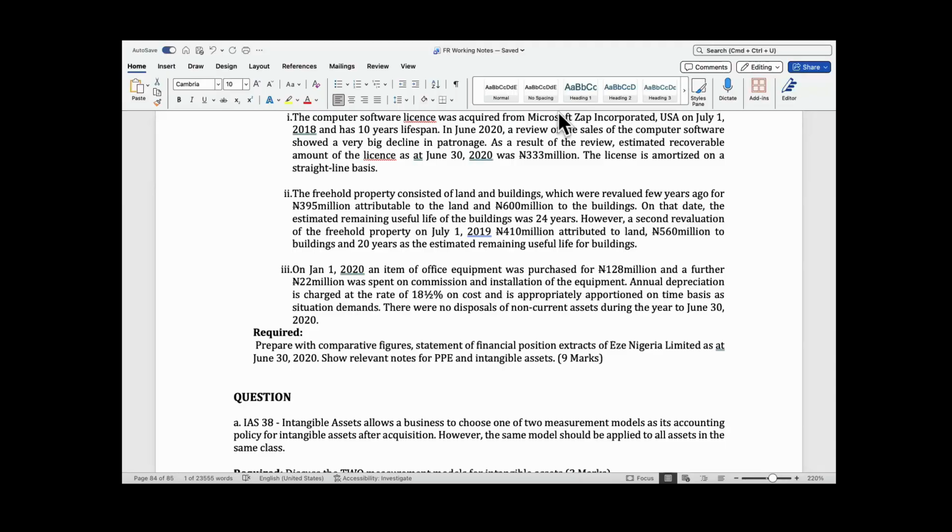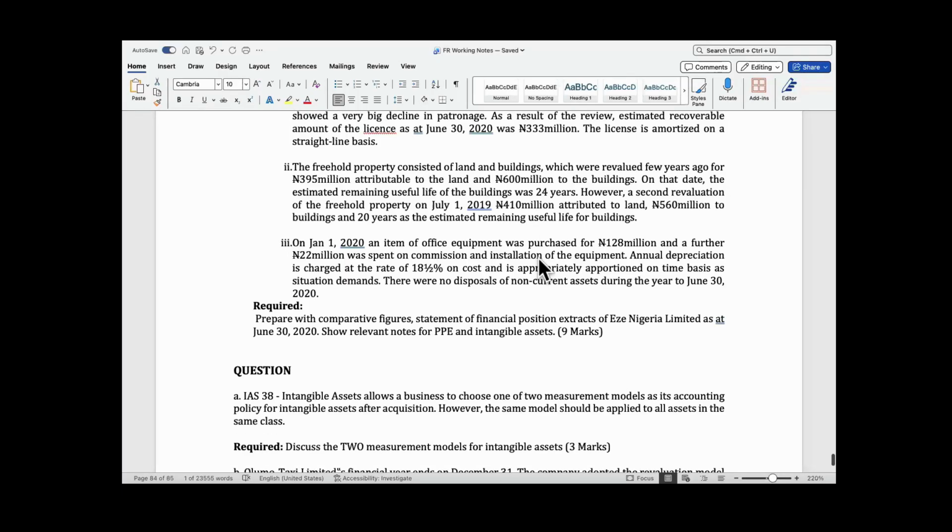Annual depreciation is charged at the rate of 33 and one third percent on the cost, and is appropriately apportioned on time basis as situation demands. There were no disposals of non-current assets during the year to June 30th, 2020. Prepare the comparative figure statement of financial position extract of AZ Nigeria Limited as at June 30th, 2020. Show relevant notes for PPE and intangible assets.